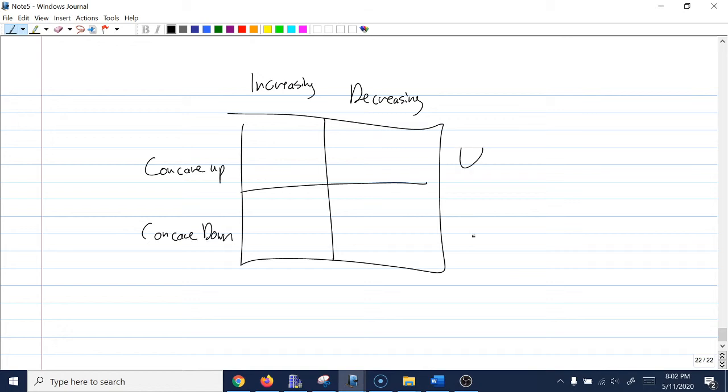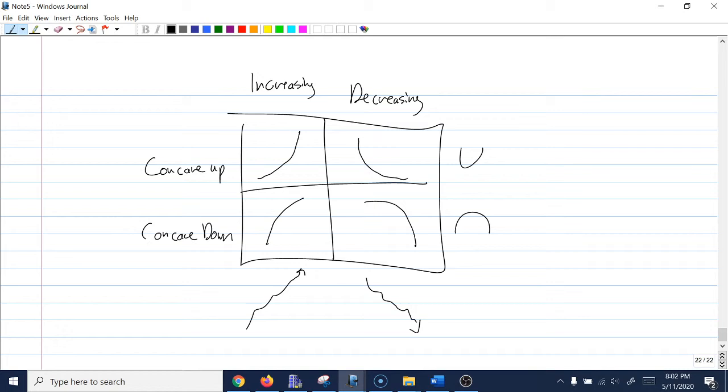Concave up is the smiley, concave down is the frowny. Increasing is going up left to right, decreasing is going down left to right. And the smiley and frowny each have an increasing part and a decreasing part. You can be increasing and concave up, that's the increasing half of a smiley. You can be decreasing and concave up, that's the decreasing half of a smiley. You can be increasing and concave down, you can be decreasing and concave down.